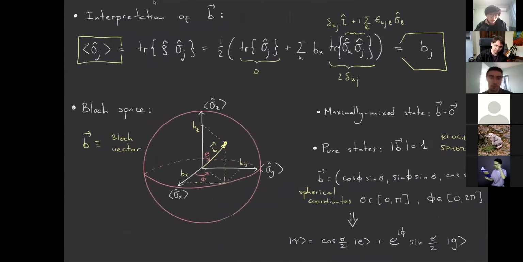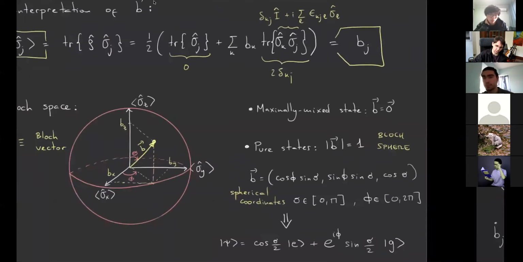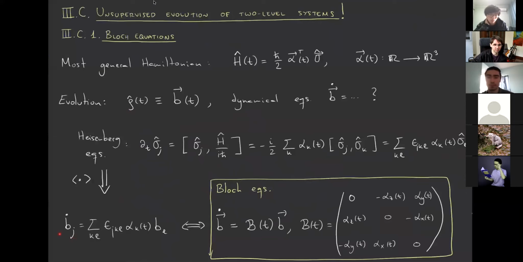And now you write the state rho in this way and use the properties of rho, and you will find exactly the same equation. You will find this equation here. Maybe you can try it as an exercise, the same calculation in the Schrödinger picture. And if it's not clear how to proceed, then I can send it to you all.